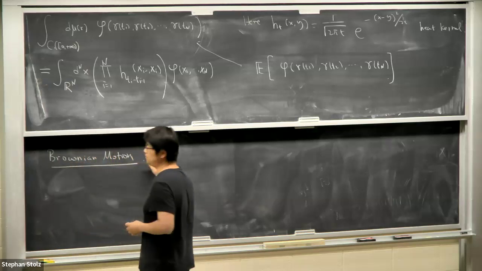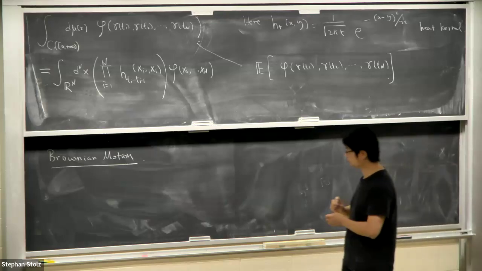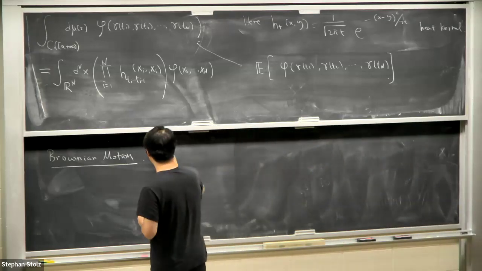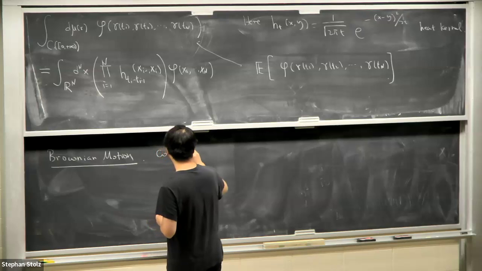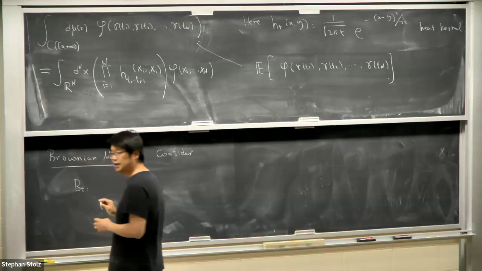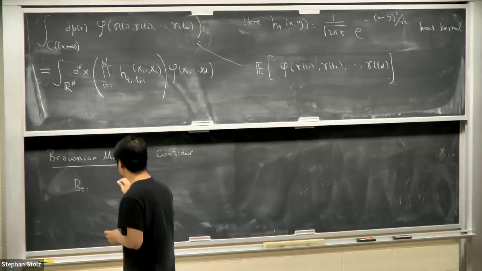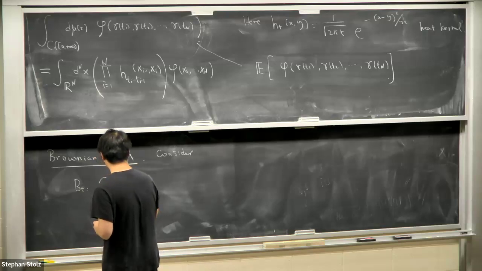And it's a very popular stochastic process in the following way. We can consider this random variable. Let's call this map B_t. It's a function on this path space, on this Wiener space.